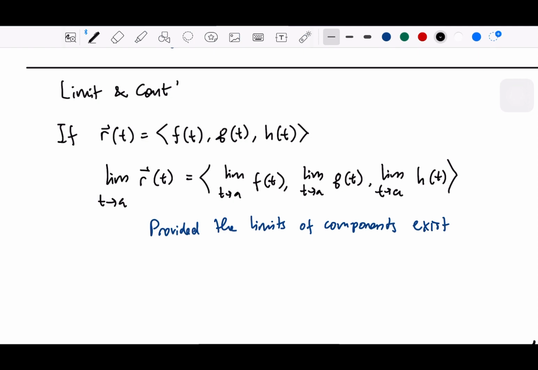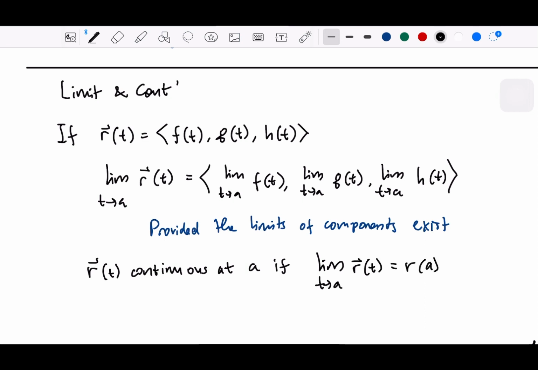So r(t) is continuous at some a if the limit is the same as its function value at a.